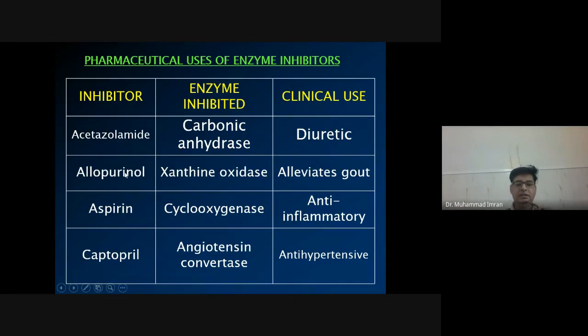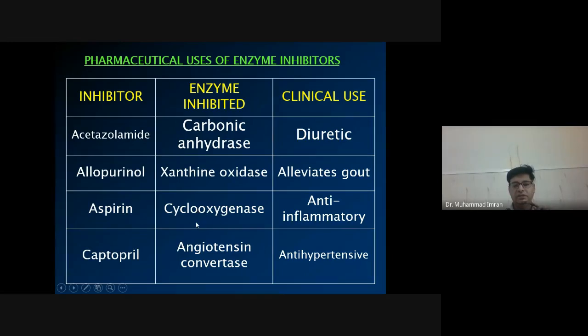Xanthine is converted into uric acid with the help of xanthine oxidase enzyme. And if we use allopurinol, it will block the xanthine oxidase, the level of uric acid comes down, and we will alleviate the pain during gout disease.